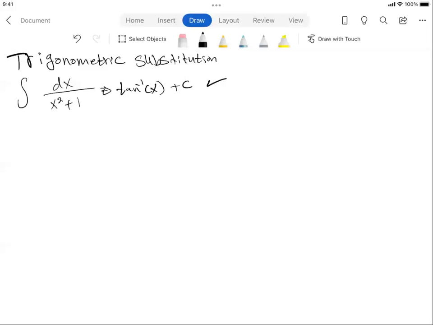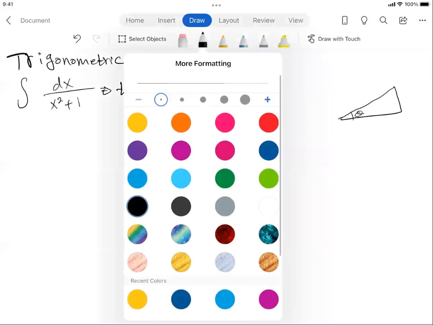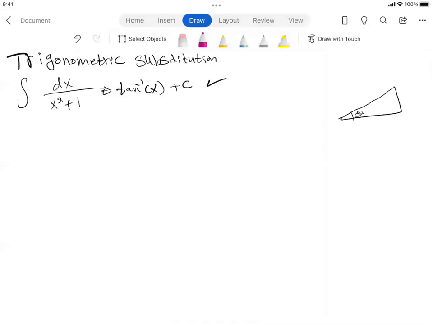To do that, I'll be utilizing, each time, this right triangle. Let's say this is theta. If you look here, I have x squared and I have 1.